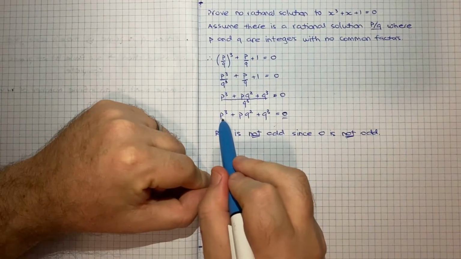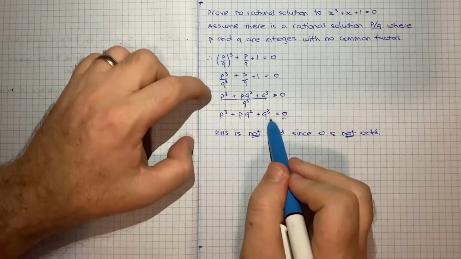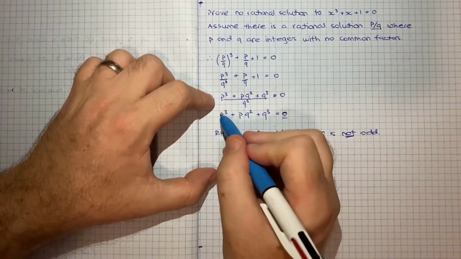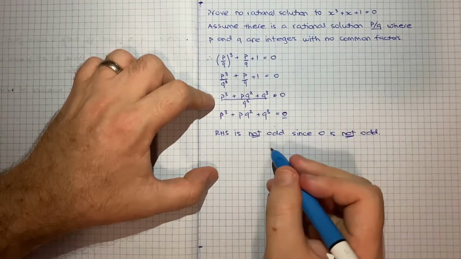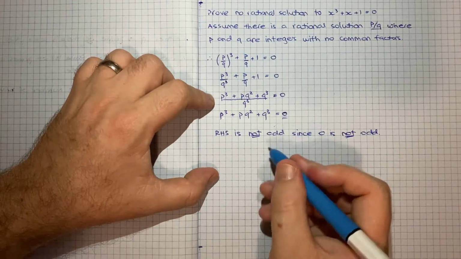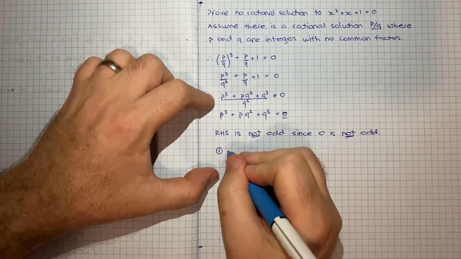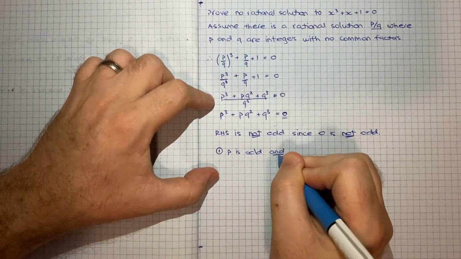So to consider whether this left-hand side is odd or even, we need to think of cases. It's all going to come down to whether P and Q themselves are odd or even. So, case 1: what would it look like if P is odd and Q is odd?